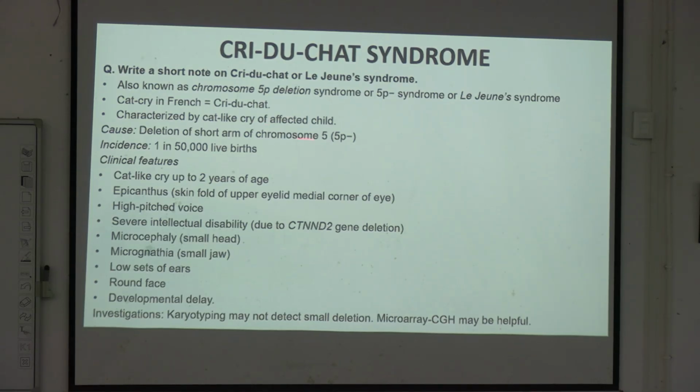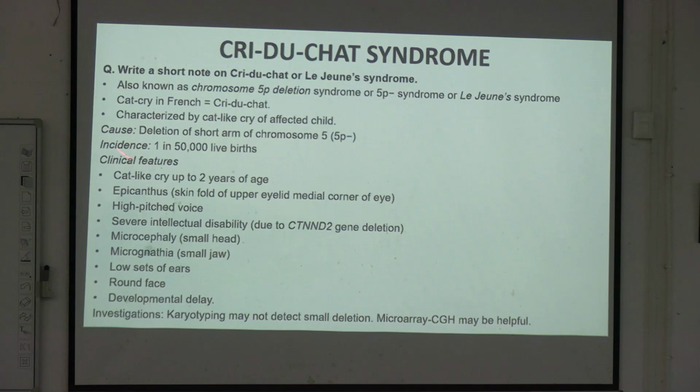The cause is deletion of the short arm of chromosome 5. P arm means short arm, that's why the name 5p minus is given; the p arm is deleted. Incidence is about 1 in 50,000 live births, and these are the clinical features. If some syndrome comes in your short note, you have to write it under these headings.